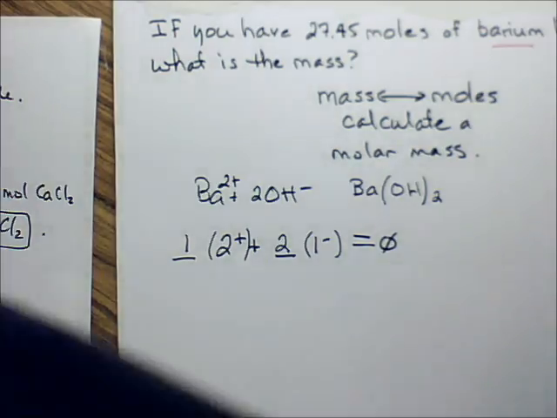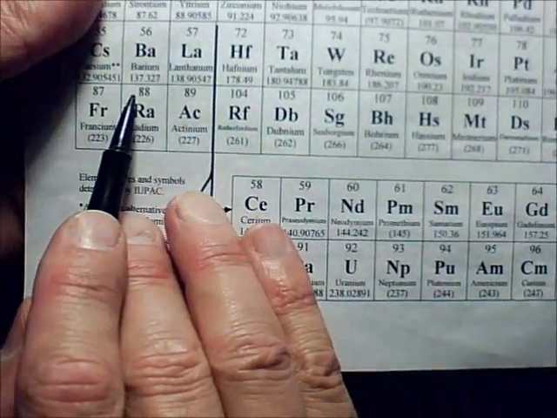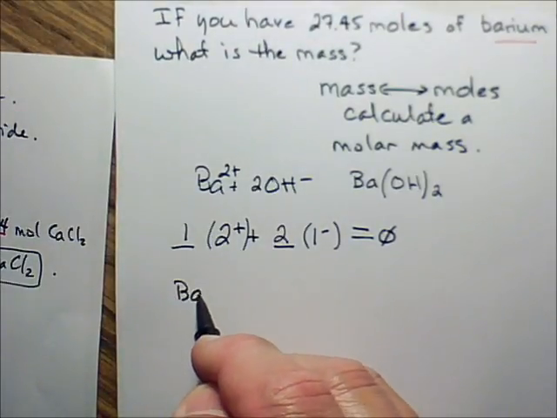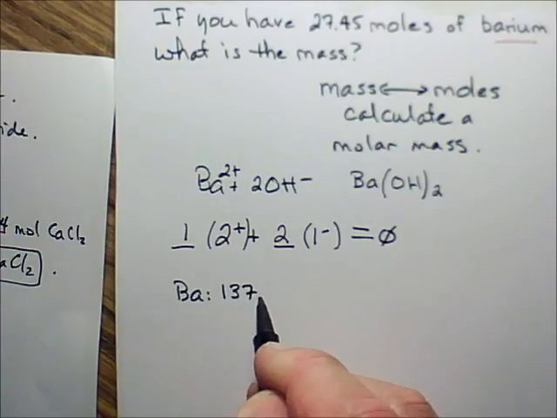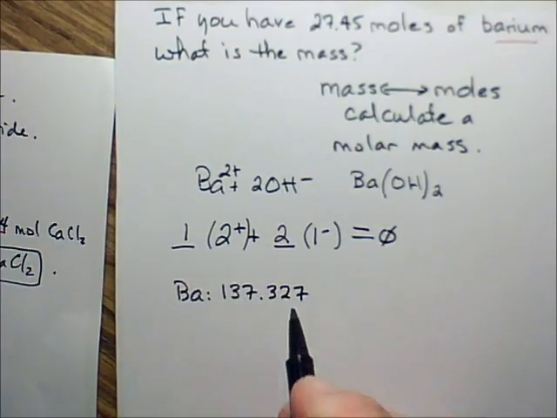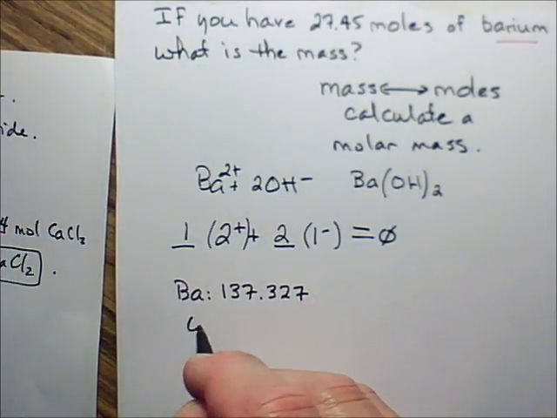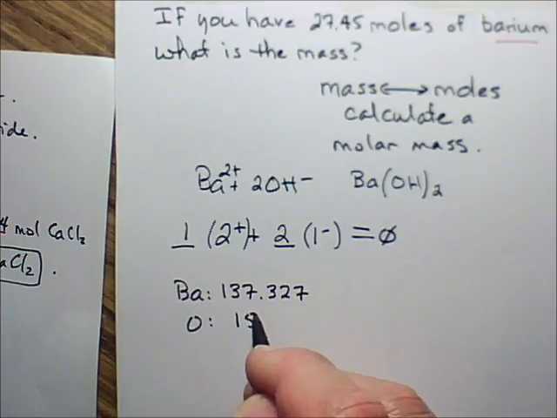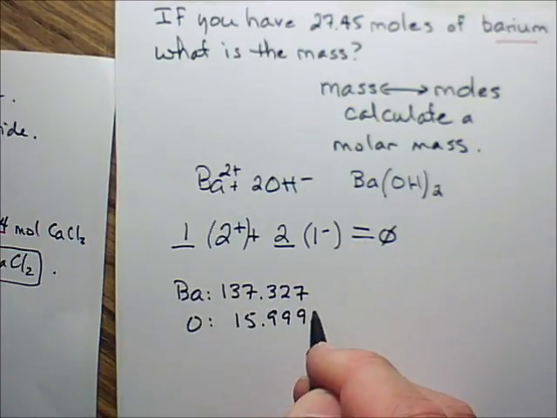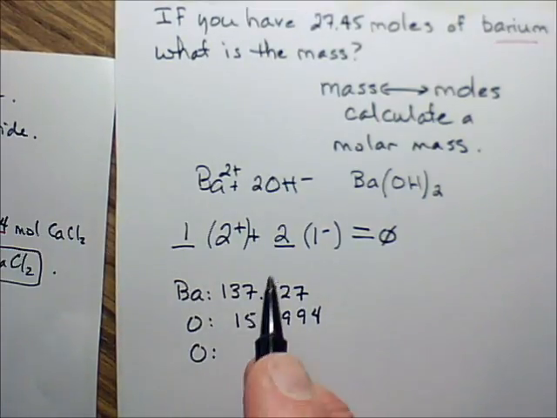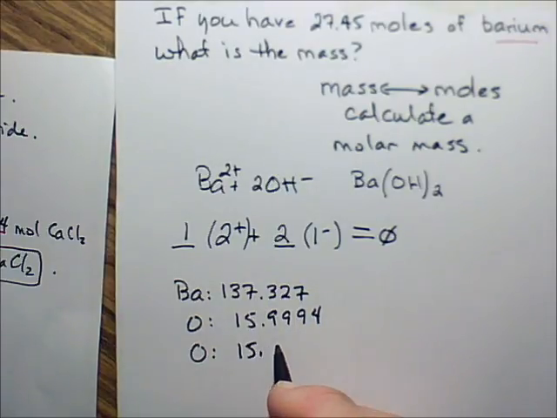We go back to the periodic table, and barium's atomic mass is 137.327. Oxygen is 15.9994, and I've got 2 of them, so I have to have the sum of the atomic masses of all the atoms in the formula: 15.9994 twice.